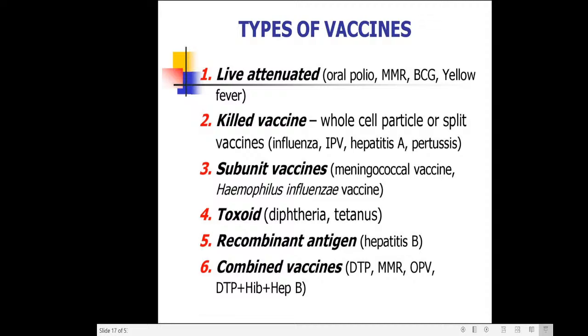This combined means, you may remember in your small ages, the doctors asked us to come at 3 month intervals. First they provide one vaccine, and after 3 months they provide another vaccine. All these are combined vaccines. They are given after some interval.